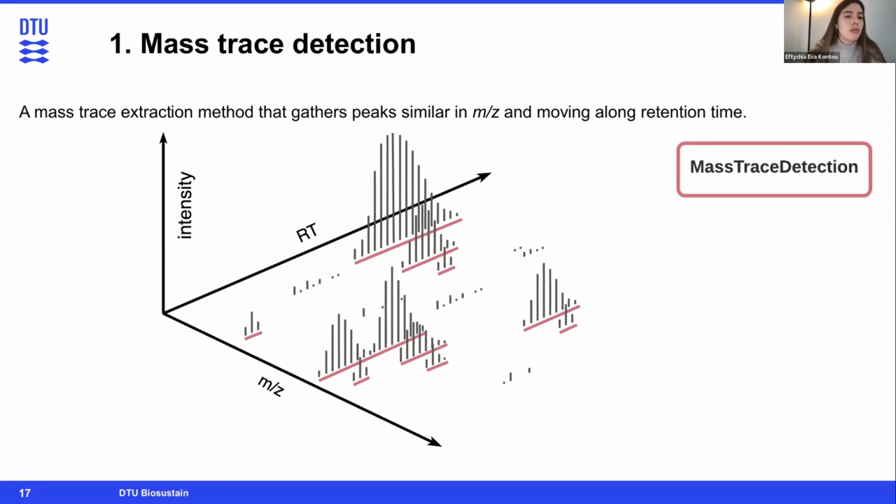So anything below 10 to the 4 can be considered noise. That saves computational resources and decreases the noise in the output. The extension phase of a mass trace will end when the frequency of the gathered peaks drops below a certain threshold.